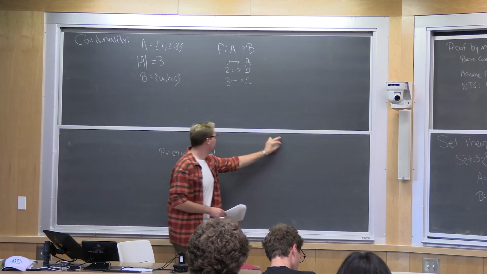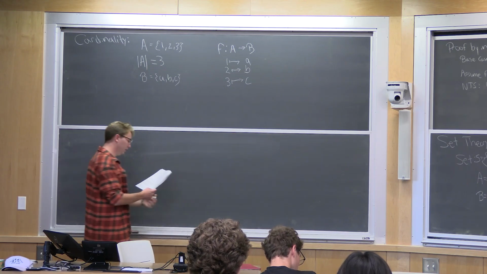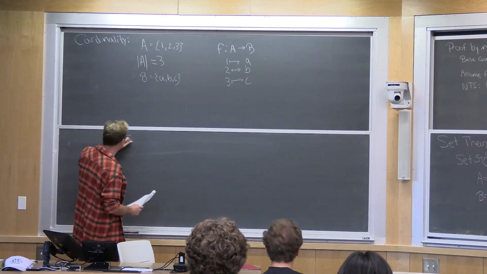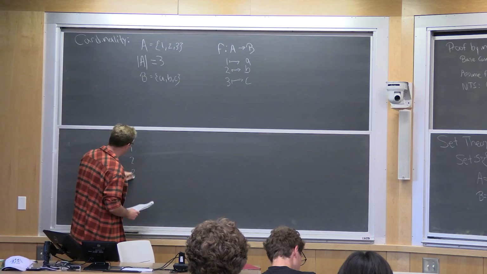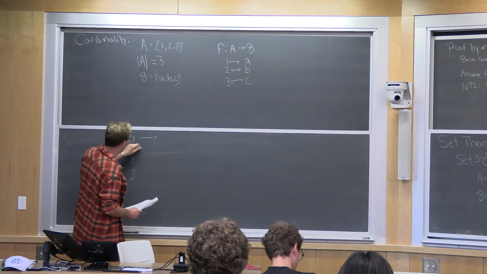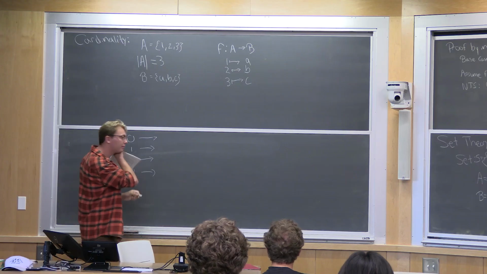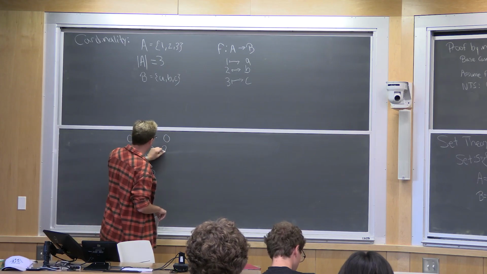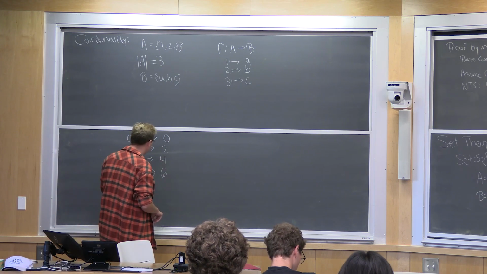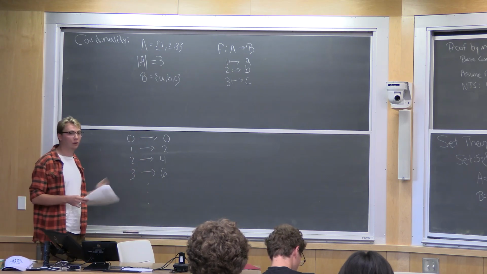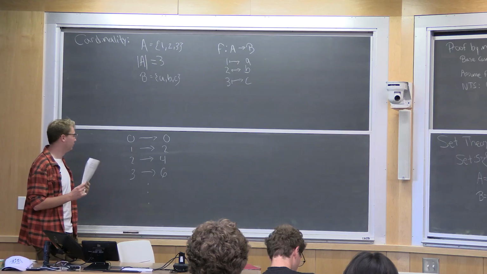If we take the natural numbers, 0, 1, 2, and so on, and we want to map them to just the even numbers, well, 0 still maps to 0, and so you have a one-to-one mapping of these numbers.